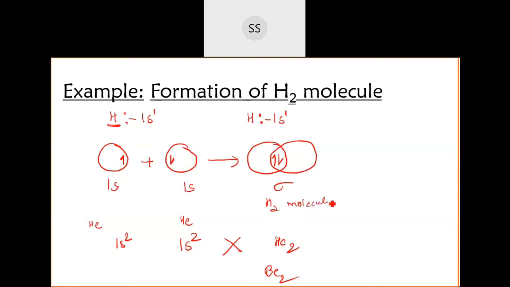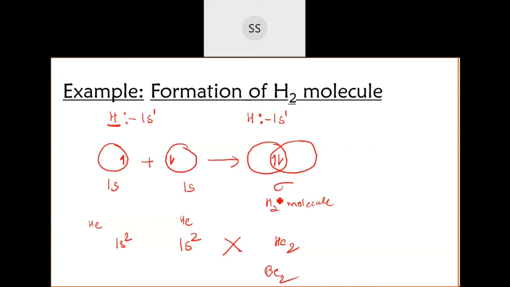And the bond formed is called a sigma bond. I hope how the hydrogen molecule is formed is clear. We'll go for the next one.